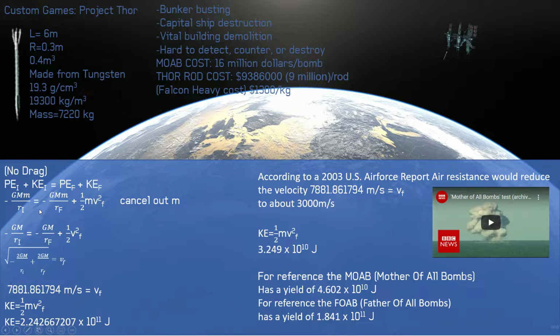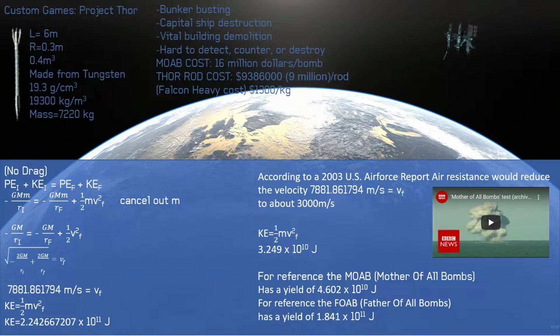So we have a radius initial, we have a radius final because it's dropping from low orbit, and for the most part the calculation remains the same if you've watched the first video that I made on orbital potential energy. The final velocity would be 7,882 meters per second. So that's going to be the velocity we're going to be using here.